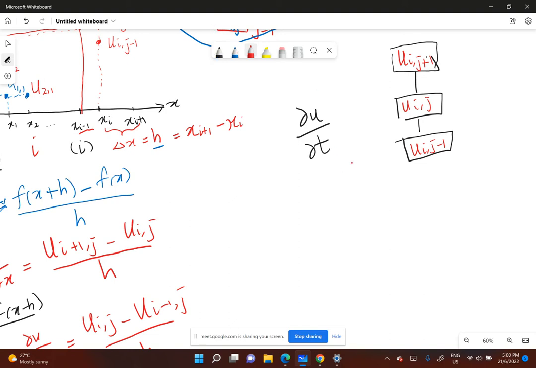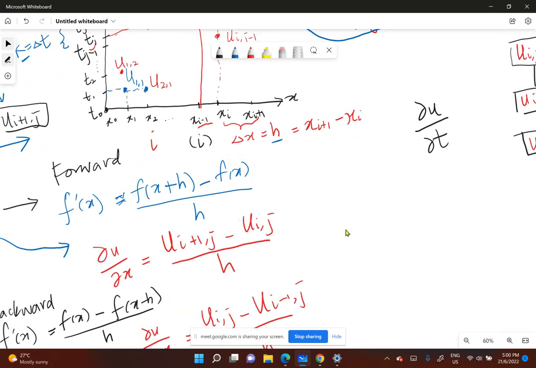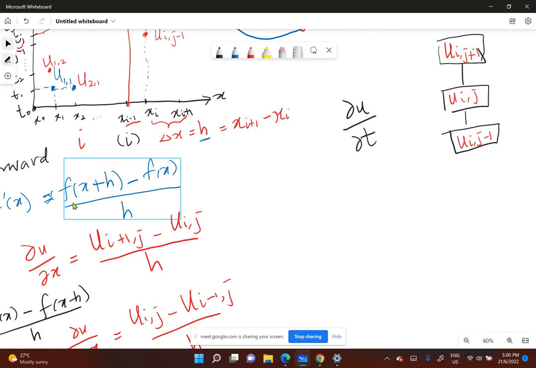So when I want to do the first derivative of this one, kalau ikutnya formula tadi, let's say this forward. Kalaulah forward punya, the finite difference form untuk del u del t become yang ni, x plus h.